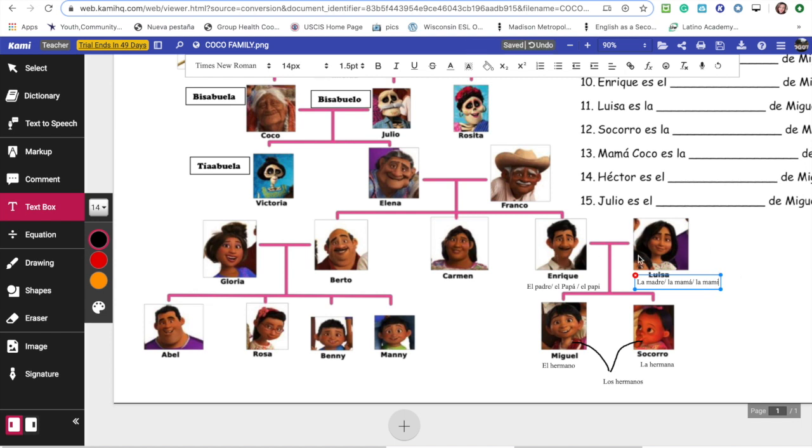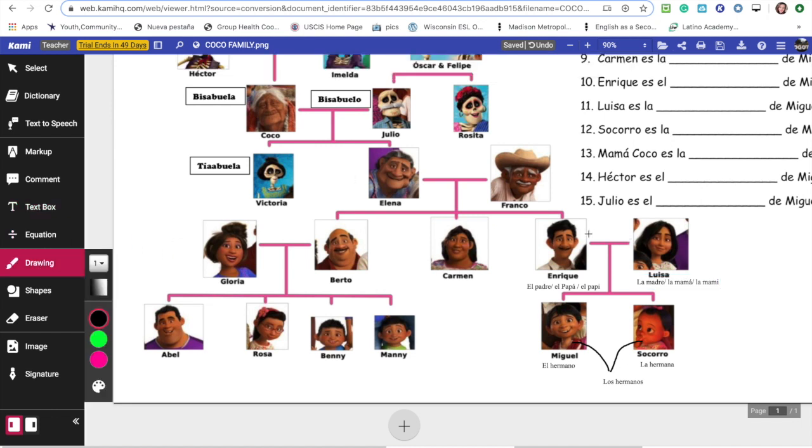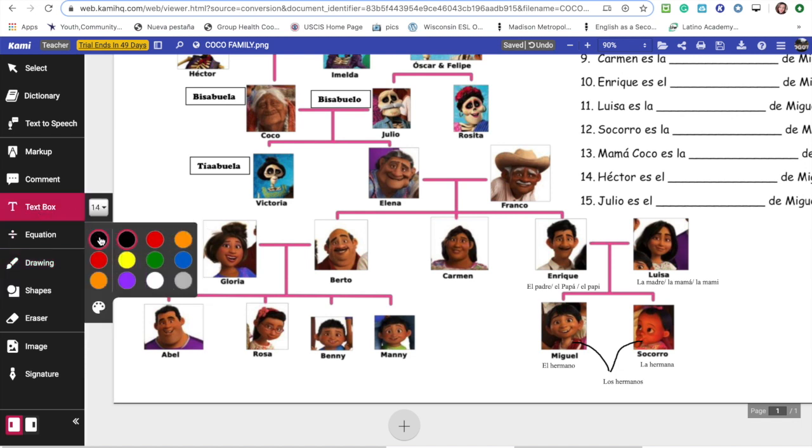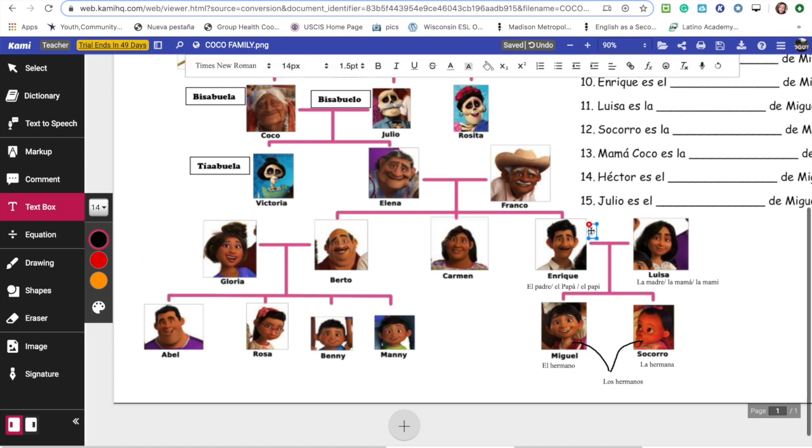And so what are they? What is the relationship among them? And they are husband and wife, right? So they are esposos, like wife and husband.